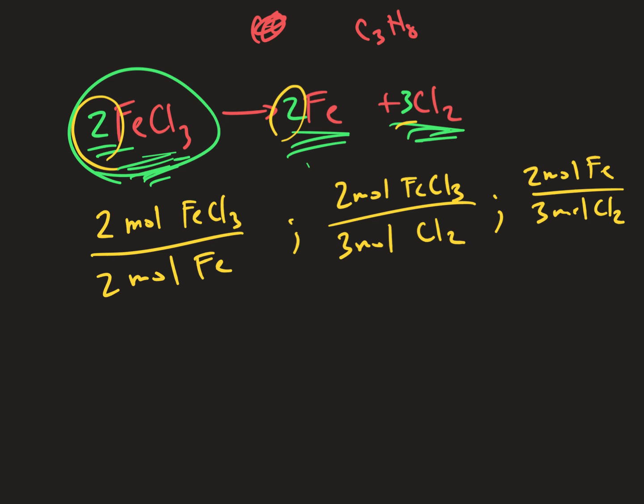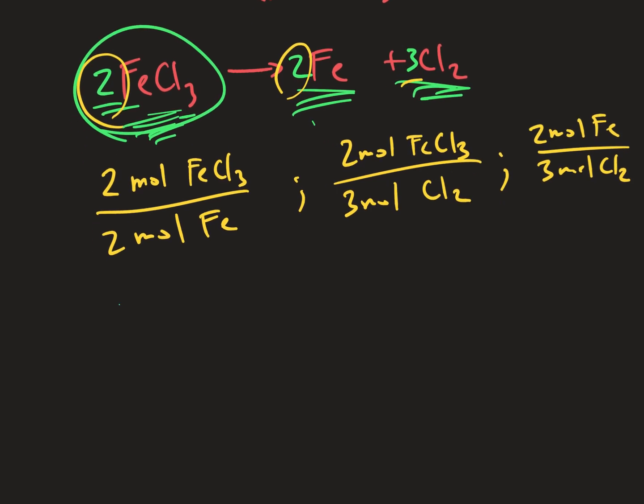So let's do a simplified conversion factor. Let's say we need 3 moles of iron rather than grams to keep it simple, okay? And we want to know how many moles of iron 3 chloride do we need in order to get 3 moles of iron?